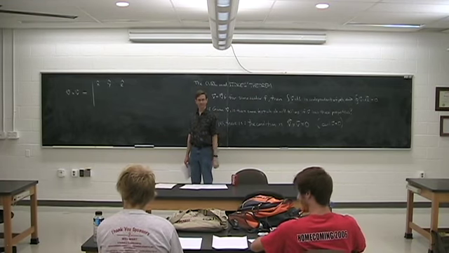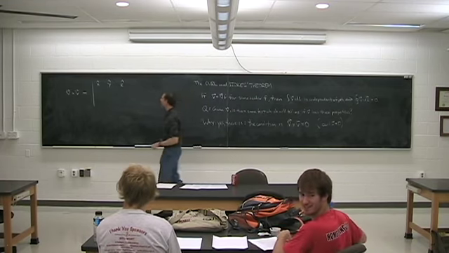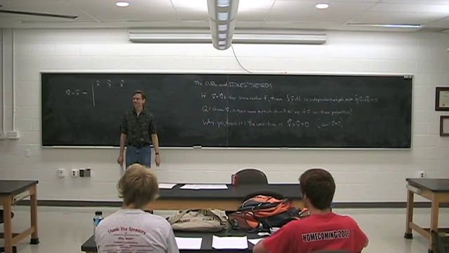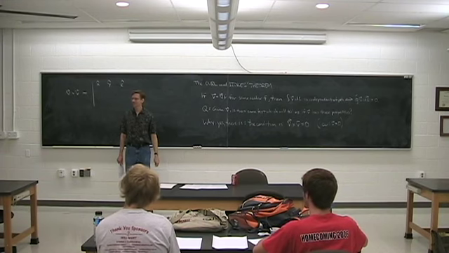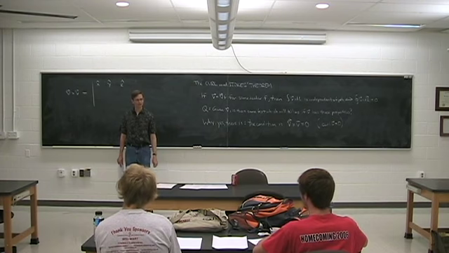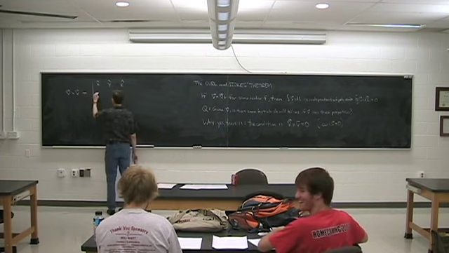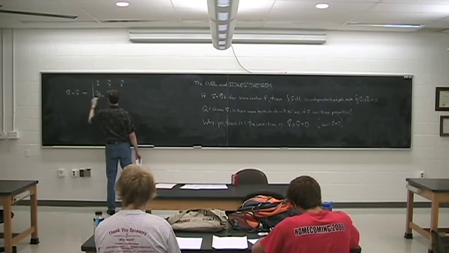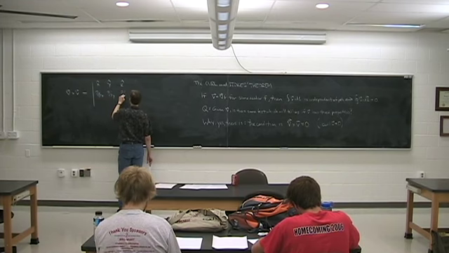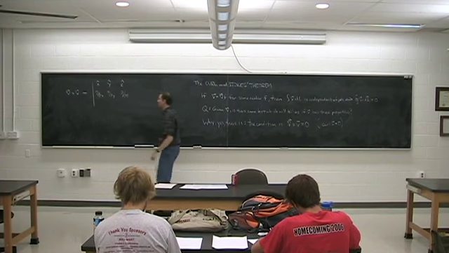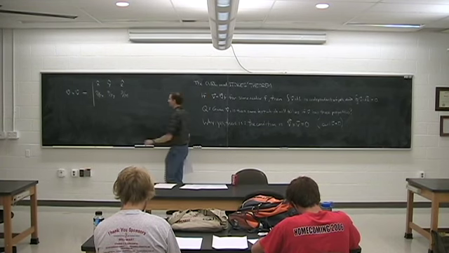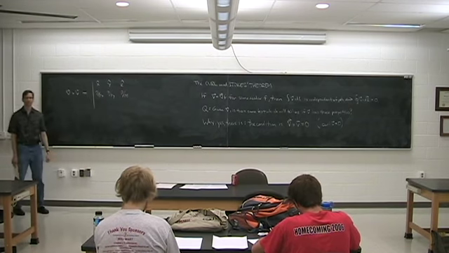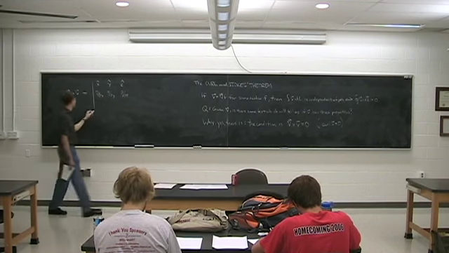And the middle row of that determinant would be the partials, right? The partial with respect to x, because the components of the gradient vector are the partial derivative operators. So the partials with respect to x, y, and z. And the third row would be Vx, Vy, Vz.